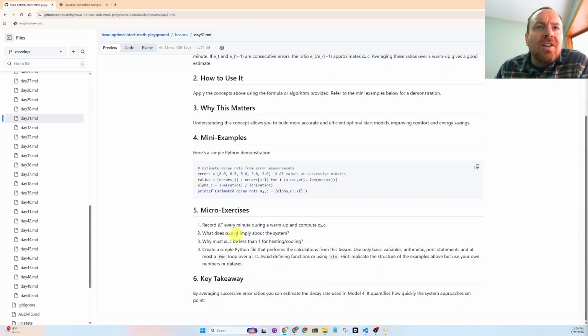What does a C value approximate to 1 imply about the system? Okay, so we were asked this question a little bit earlier, and I think that part of the clamping is that it should never be above 1.